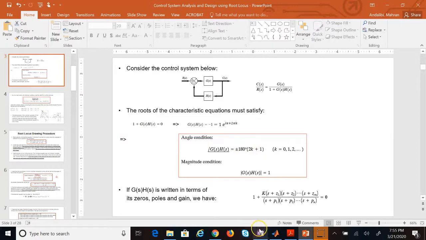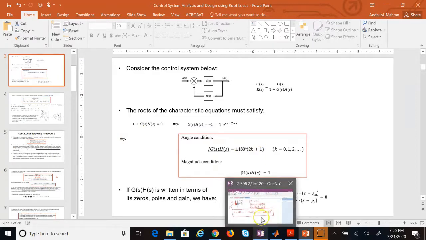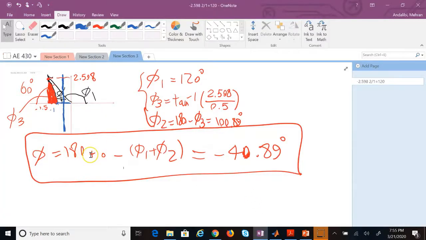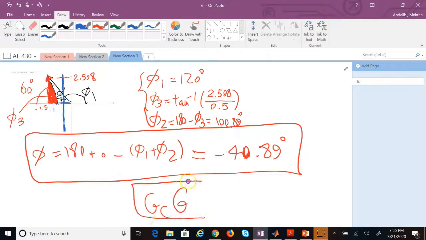So that 180 is the phase condition for a Root Locus in general. If this pole has to be on the new Root Locus, the angle at this new pole, the angle of the total system, which is GC times G, the angle of the new open loop transfer function, right?